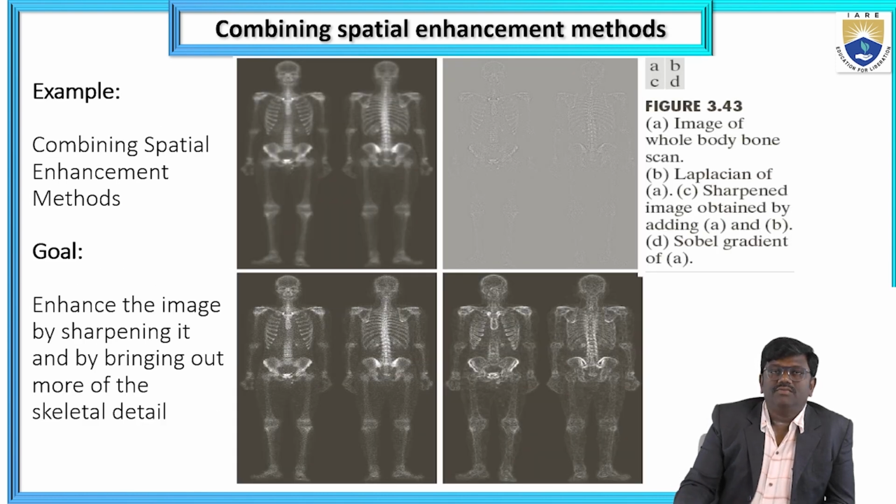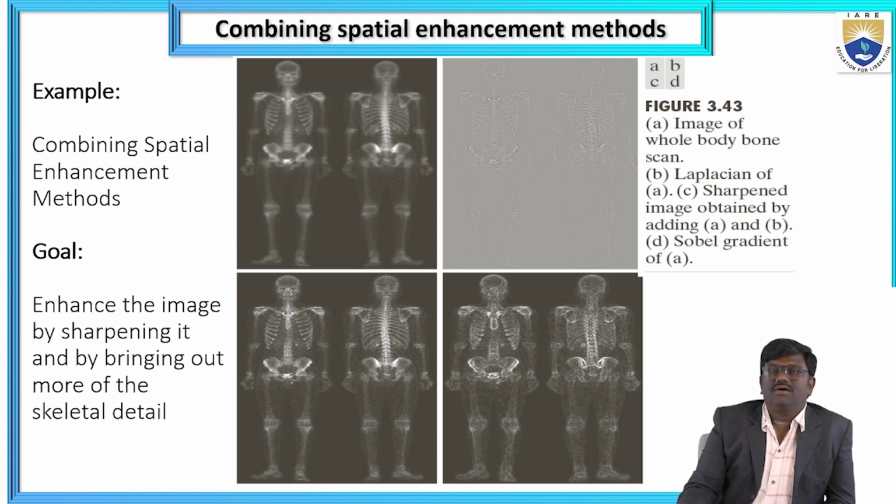One of the best examples of such an enhancement process is here. We are applying some combining methods, which we call combining spatial enhancement methods. The major goal of this combining spatial enhancement method is to enhance the image by sharpening it and by bringing out more of the skeletal detail.